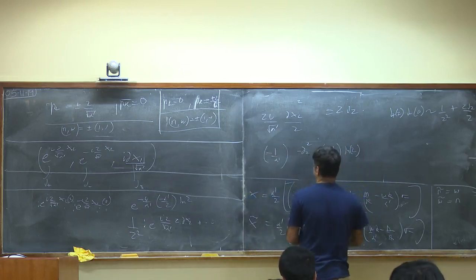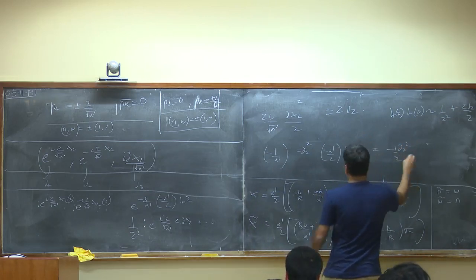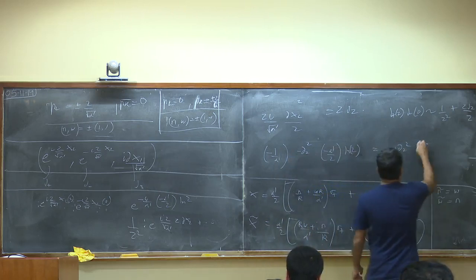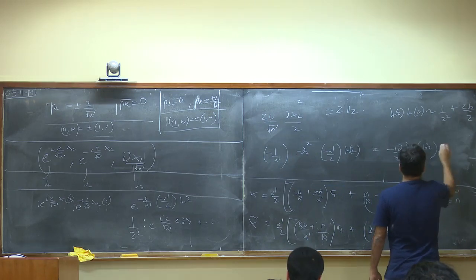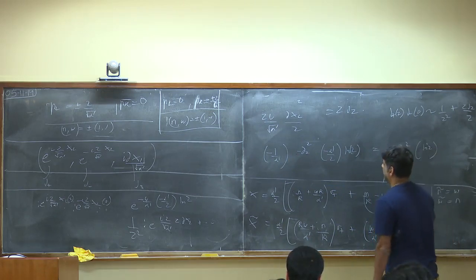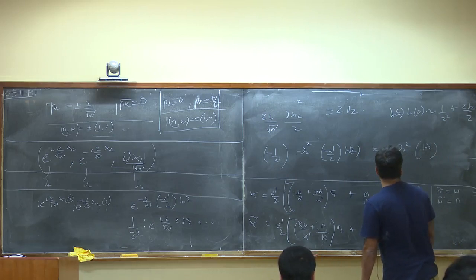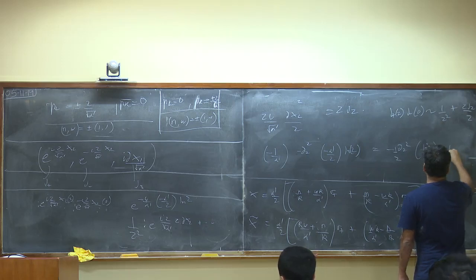So that's equal to minus del z squared by 2 of log z, and that is 1 by 2 z squared. Is it 2, right? 1 by 2 z squared.